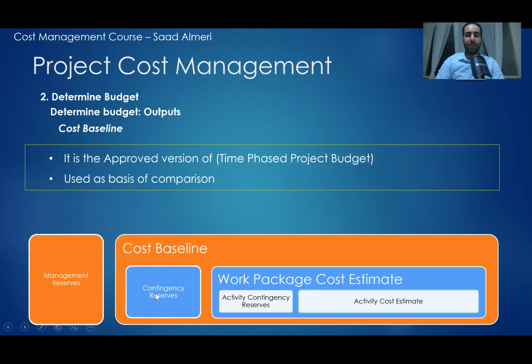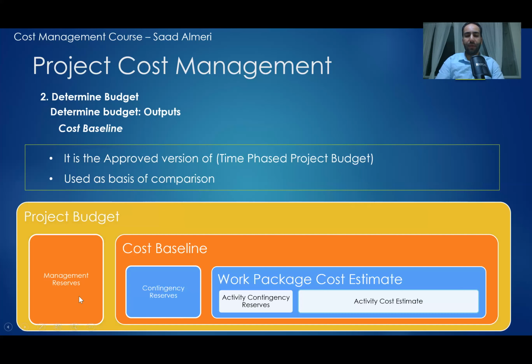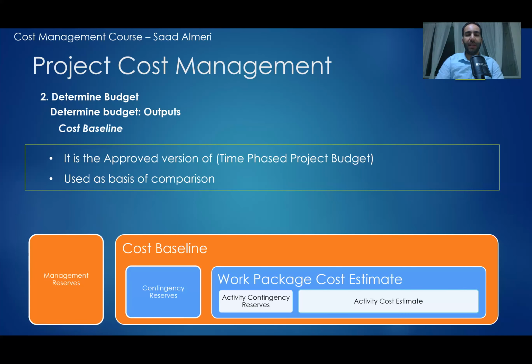For example, this one is for the snow that I know that it is probably going to happen in January. And this one is probably for the things that I don't know in the project, like, for example, changing the price of currency comparing to other currencies.